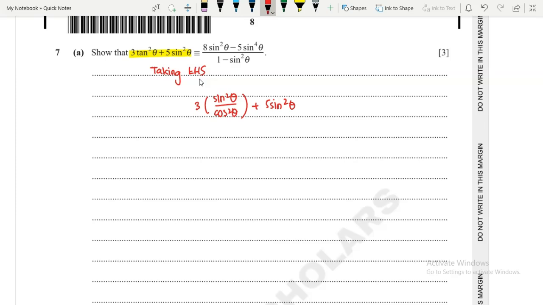Now just take the LCM, so 3 sine square theta plus 5 sine square theta into cos square. This will be cos square because of the cos in the denominator.